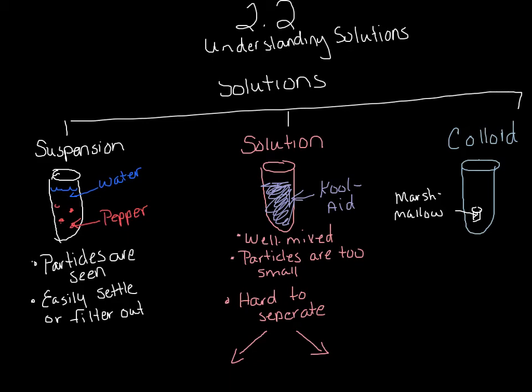They have small, undissolved particles. Okay, so they're large enough to see. They're not as small as a solution. They're large enough to see, but they still don't settle out.